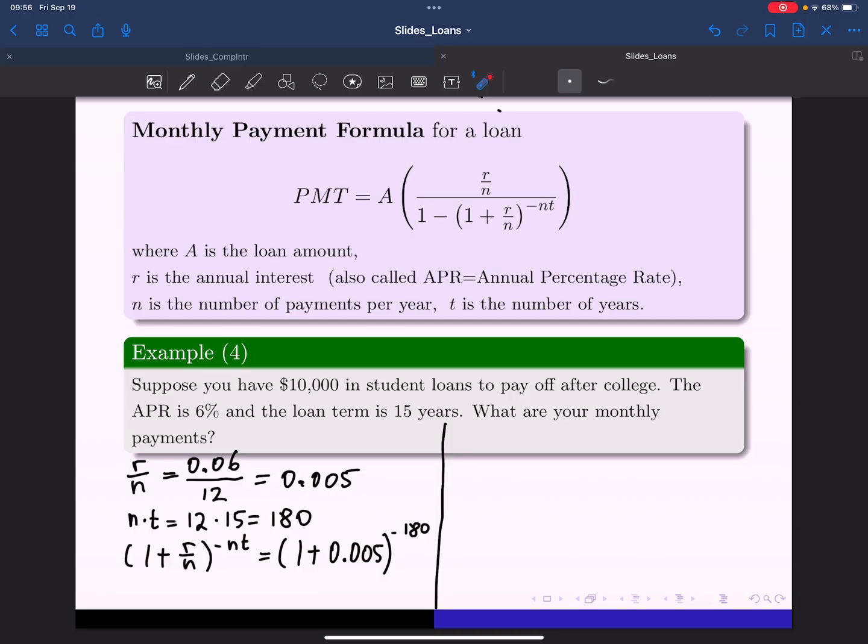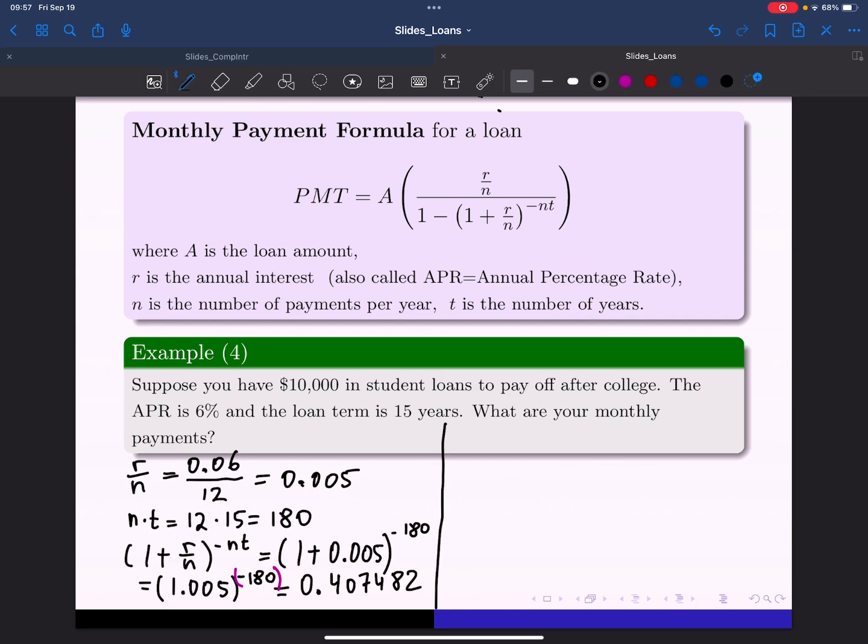So this is equal to 1.005 to the power minus 180. Use the power button and make sure you put parentheses if needed. I'm getting 0.40748 and something. Typically keep 6 to 8 decimals, until the last answer. The last we would round to the nearest cents.